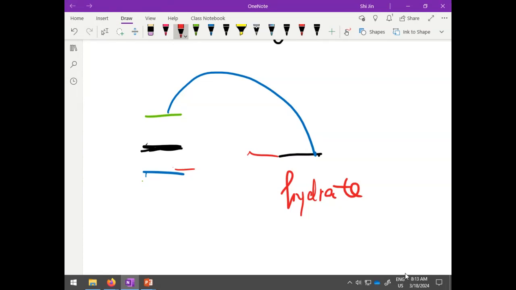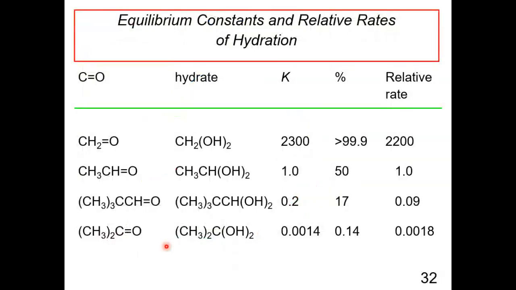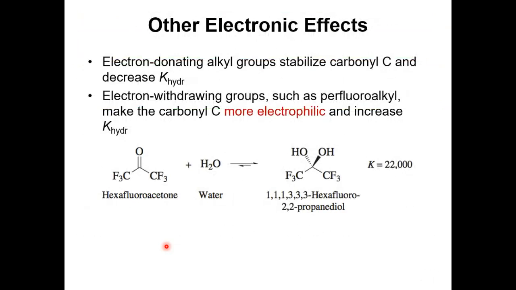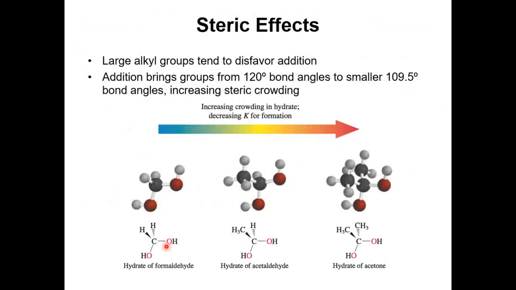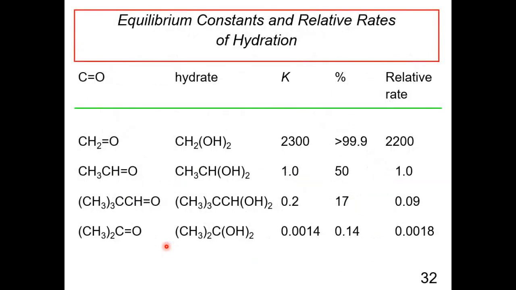So basically the major effect is the electronic effect, which depends on how well the carbonyl group is stabilized. If the carbonyl group is better stabilized, it is less willing to undergo reaction and also reacts slower. The steric effect plays a minor role, but that doesn't mean it doesn't play any role. If you look at the magnitude of the steric effect, you can compare these two.